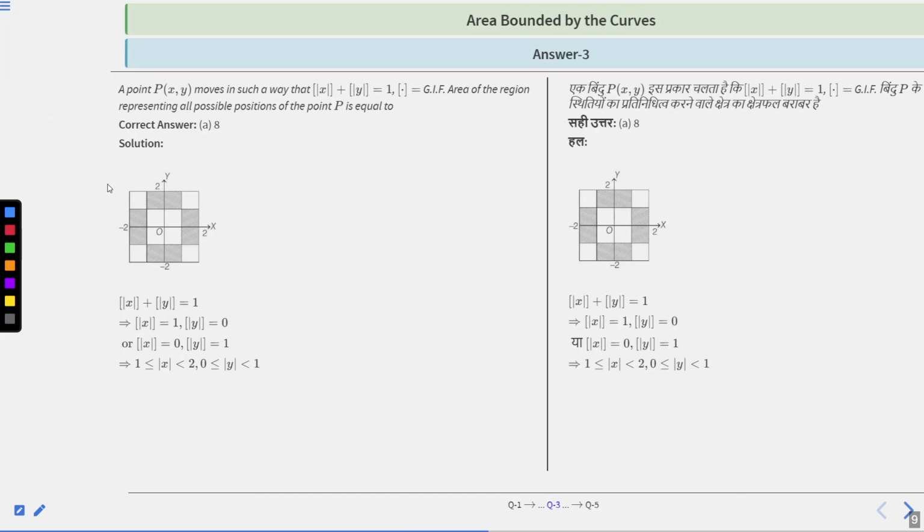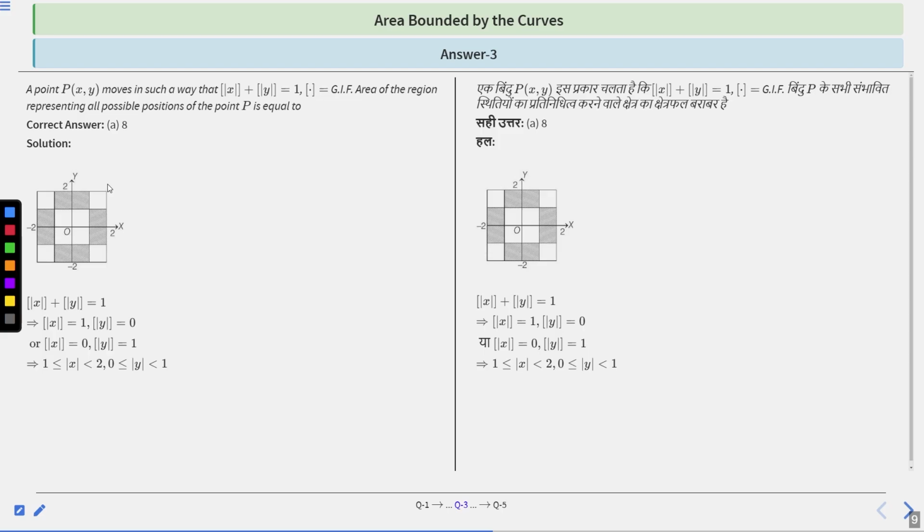Okay, let's move to the solution part. The point P moves in such a way that the greatest integer function of |x| plus the greatest integer function of |y| is 1. Since the value of each is an integer, there can be two possibilities.